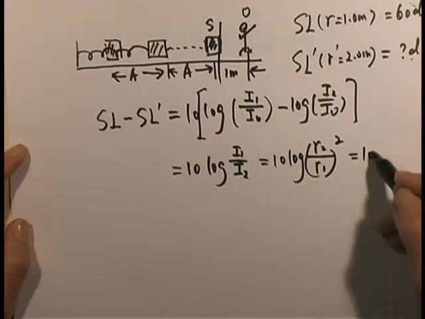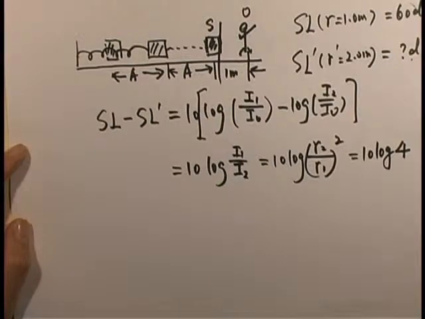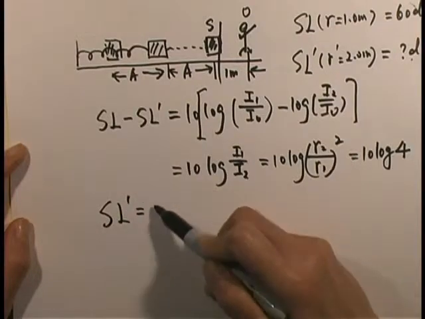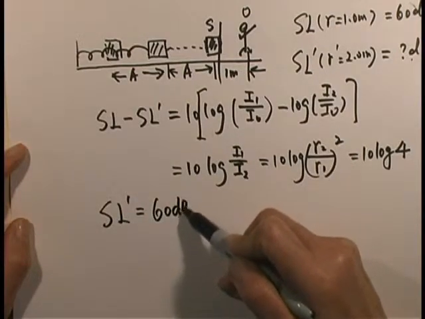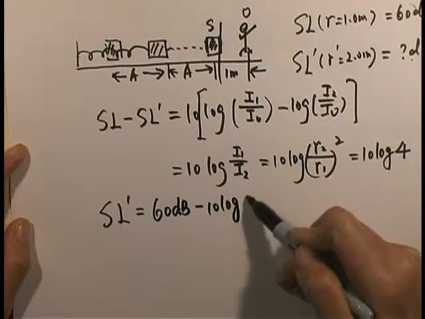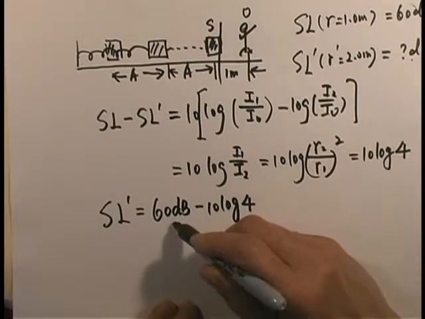So we have 10 log of 4. Once we know that, we can find the new sound level is 60 decibel, subtract 10 log of 4. We just need to do some little calculation, and the result is still in decibel.